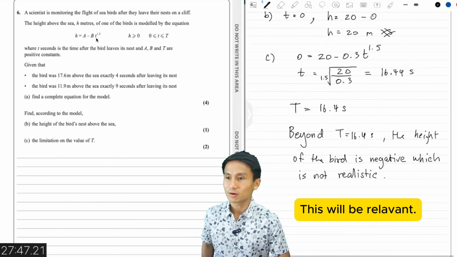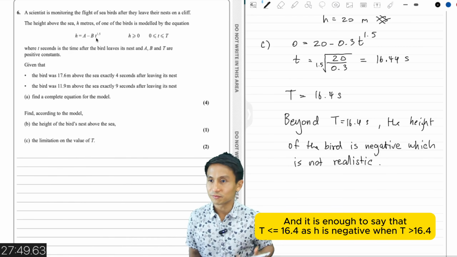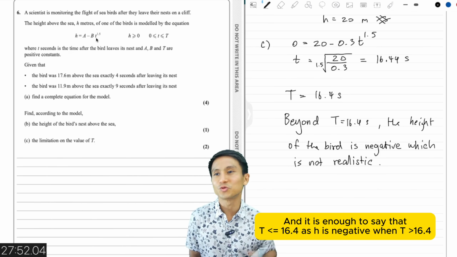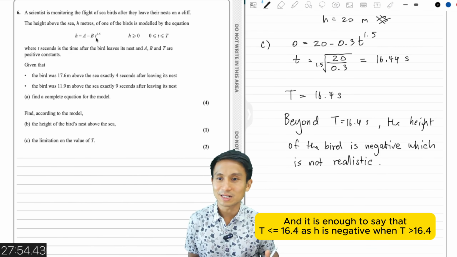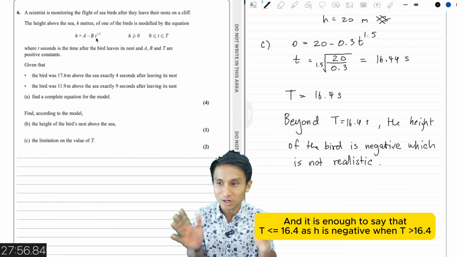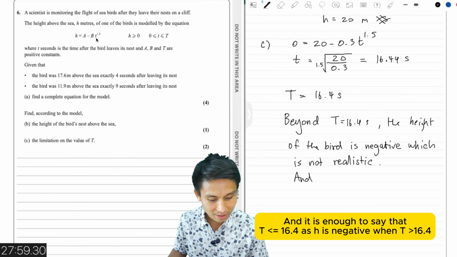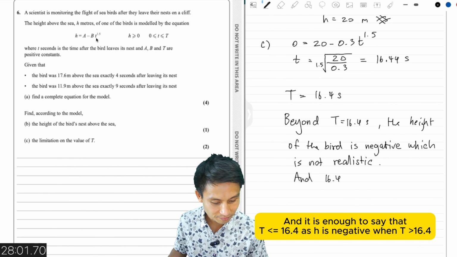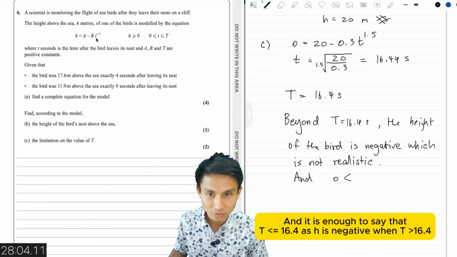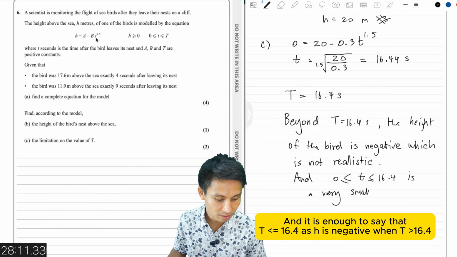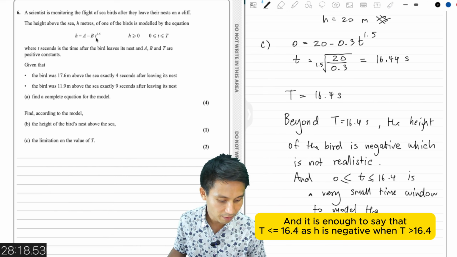That's one point I can think of, but if we talk about the value of 16.4 itself, it's probably too short. Like the model is too limited to just a very narrow window of time. The range of 0 to 16.4 is a very small time window to model the flight of a bird.